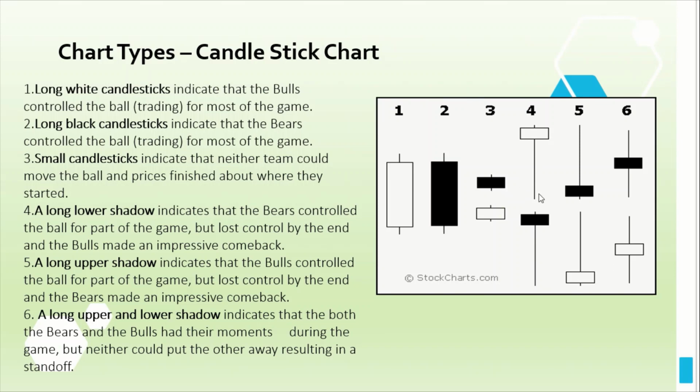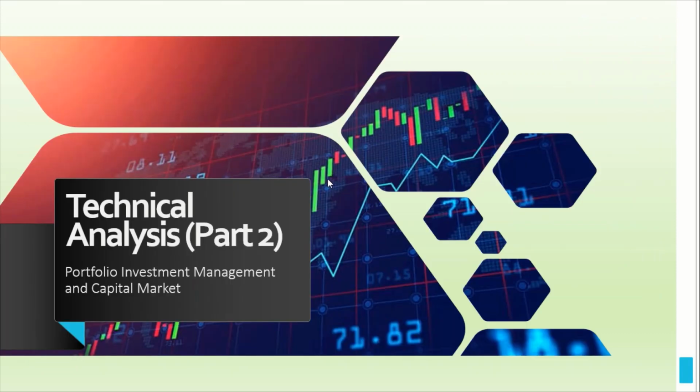What if it's long? What if mas mataas yung upper shadow? What if mas mababa? And so it means yung pinaka-activity which happened for the entire day is summarized in these different variations of candlesticks. Okay, now we move on to our part 2.